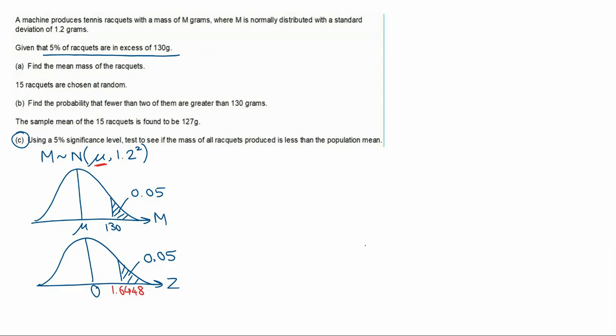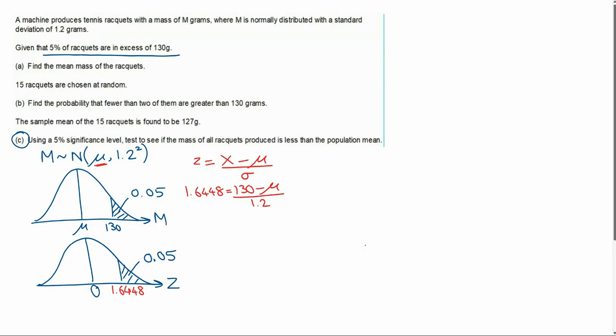Now, if you have that, you need to remember this formula. So our Z value is X, a score, minus the mean divided by the standard deviation. So we know at 1.6448 standard deviations above the mean, we had a score of 130. We didn't know the mean, but we do know the standard deviation is 1.2.